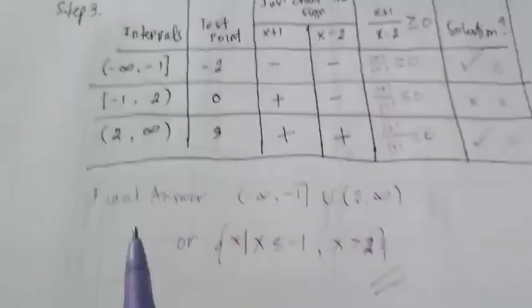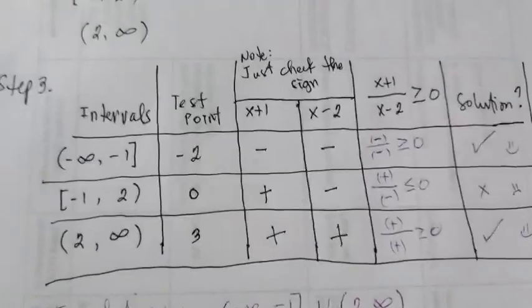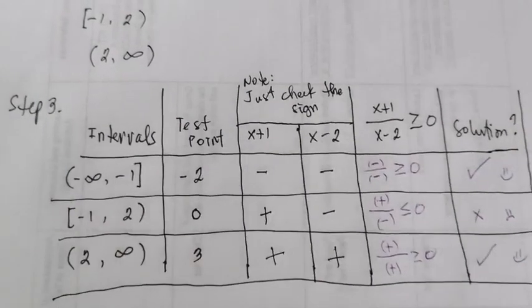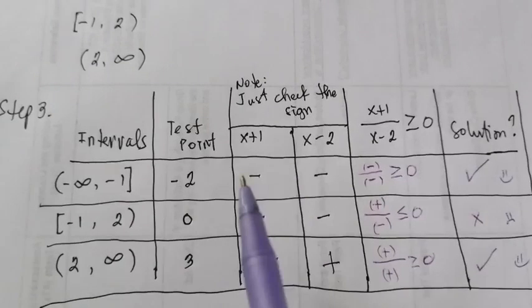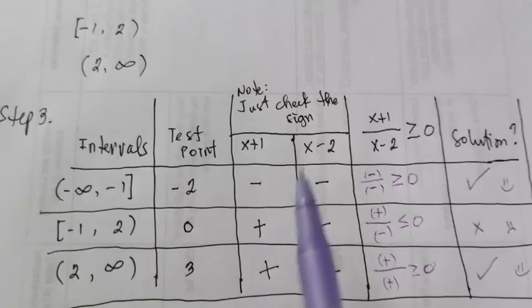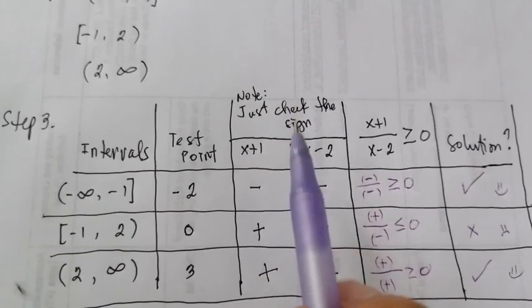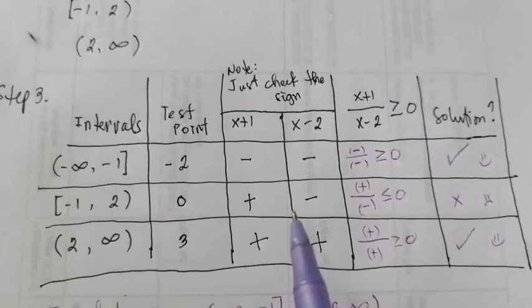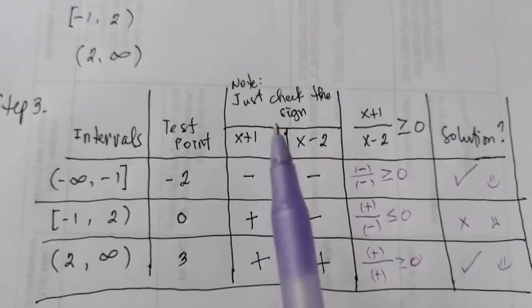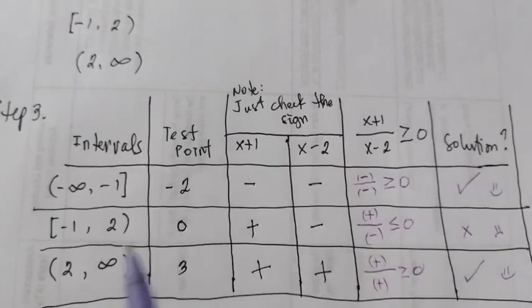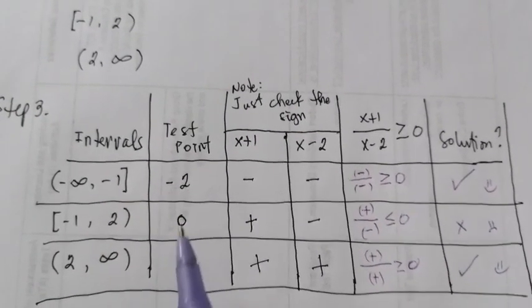Pag nakuha mo na yan, gagawa ka ng test chart. Ayan. So, nilagay natin dito, first column interval, second column ay test points. Yung third, yun yung part na to. So, magkakasama dito yung mga factored form ng factored expressions. Then, ang gagawin lang po natin ay mag-check lang tayo ng sign. Ipa-plug in lang natin yung mga number na to sa test point natin.